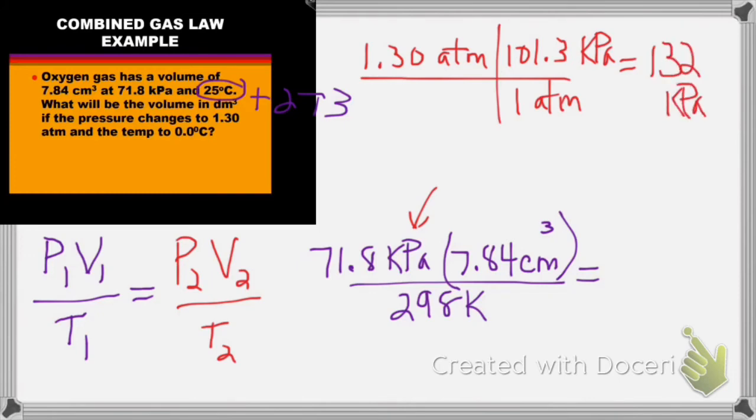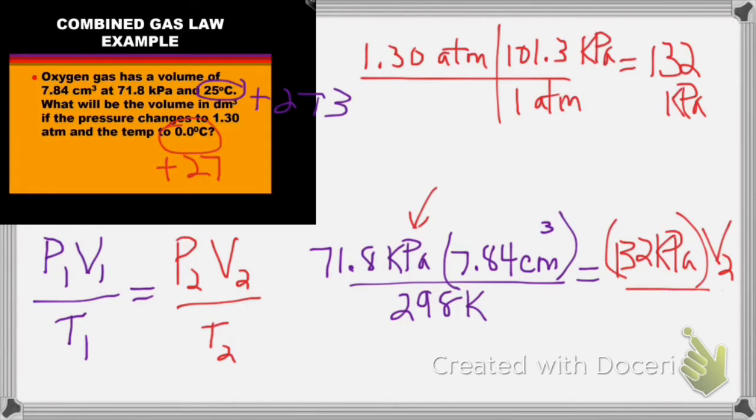So now we can plug in a pressure of 132 kPa. We're being asked to find the new volume, and again, temperature must be in Kelvin, so we're going to add 273 to that.